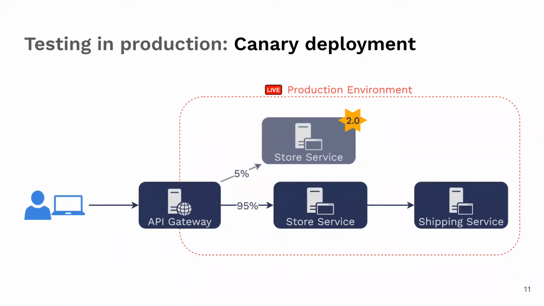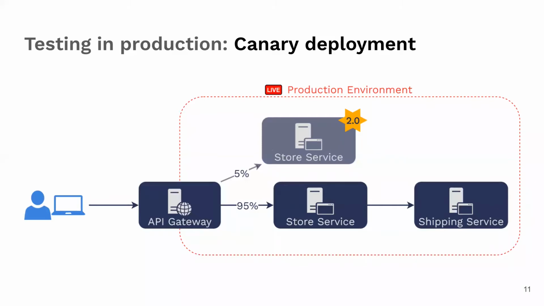And then the API gateway would then split requests meant for the store service between the old and new versions, only sending a small portion of that traffic to the new version. By Canary deploying the new version, Aaron is able to confirm whether or not the service as a whole behaves as it is expected to.